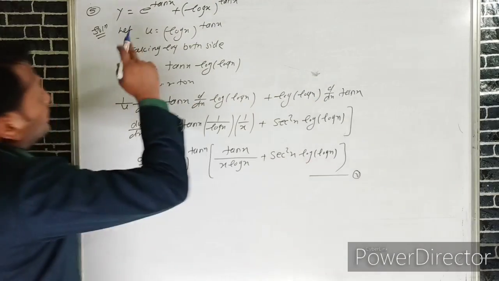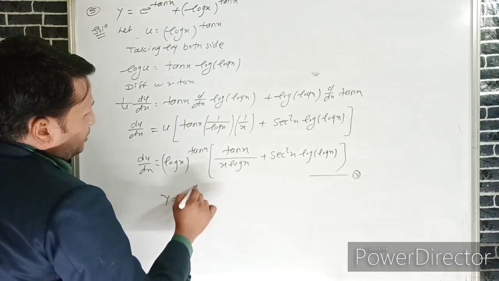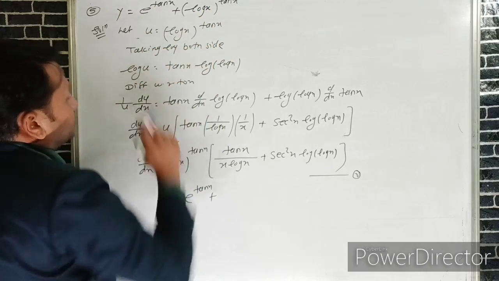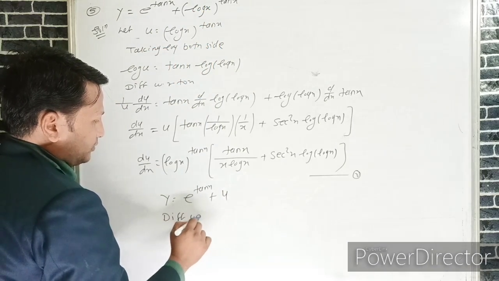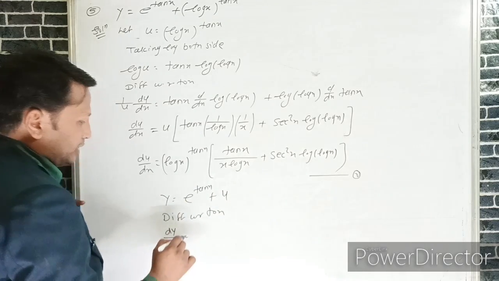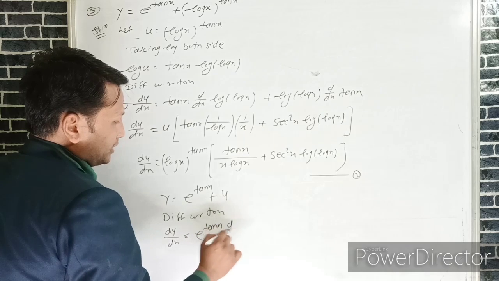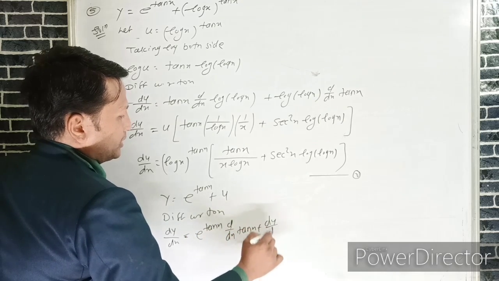Now if we take y equal to e raised to the power tan x plus this whole term u, and differentiate with respect to x, dy upon dx is equal to the derivative of e to the power tan x, which is e to the power tan x into the derivative of tan x, plus du upon dx.